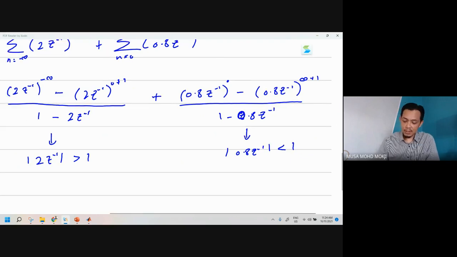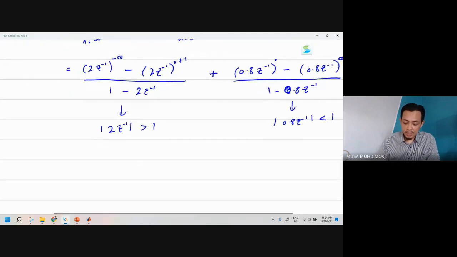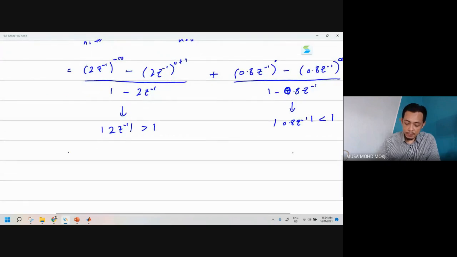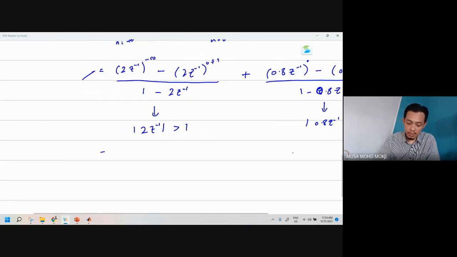Okay. So because of that, we bring this here. So if this converges, and this is greater than 1, what will happen is this one will become 0, very close to 0. Then you will have a 0 minus this one.